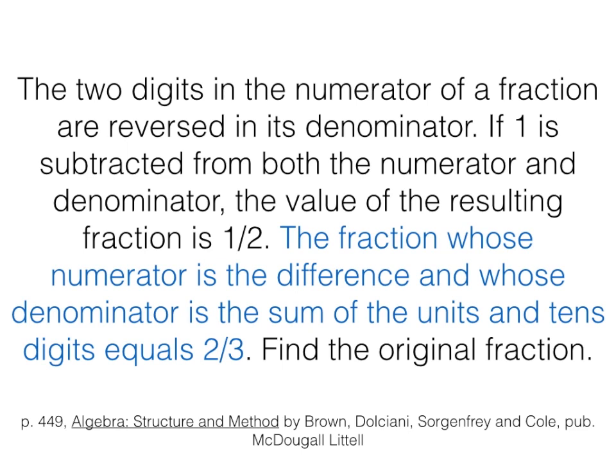The first one you can get, you can stop the video and read it if you want. The second, okay, but the third's usually a little complex for people and we've got to break it down so they get it. The fraction whose numerator is the difference and whose denominator is the sum of the units and tens digits equals 2/3. There are just some subordinate clauses that you've got to understand there.